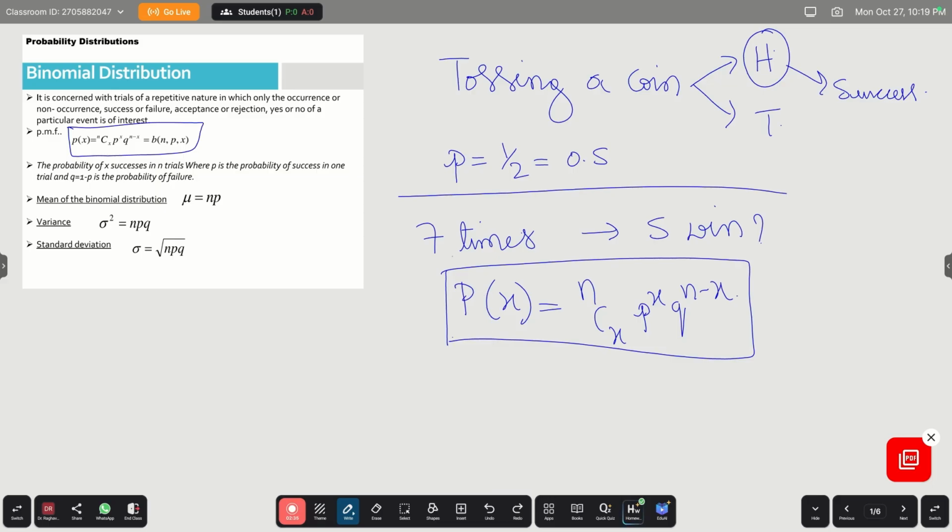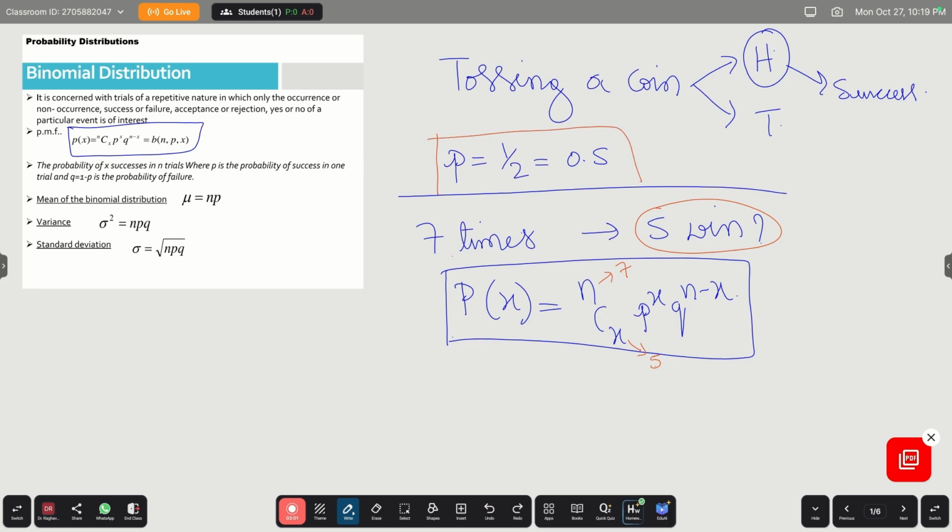That means my n is 7. 7 times I am doing this experiment, and I am interested in 5 successes. So my x is 5 here. And what is this small p? Small p is the probability of success in only one trial. Instead of doing 7 times, if I do only one time, what is the probability of my success? That we have already discussed.